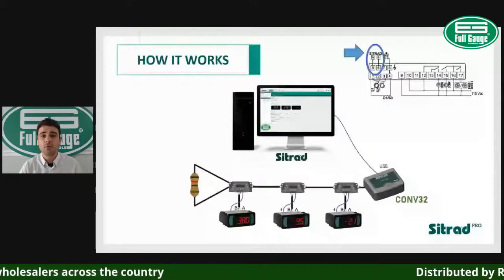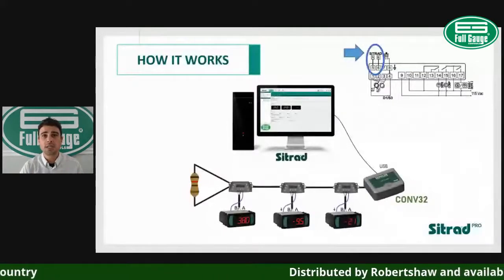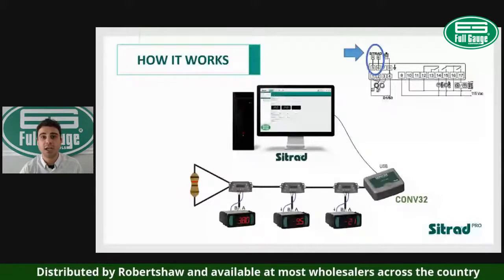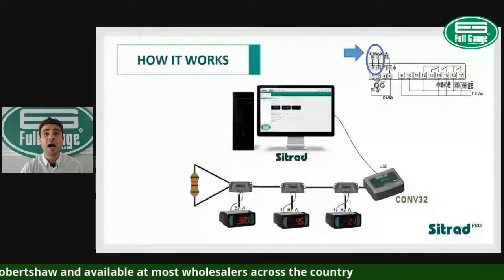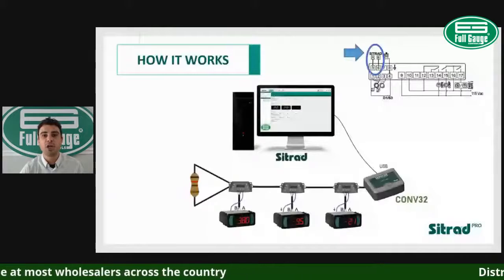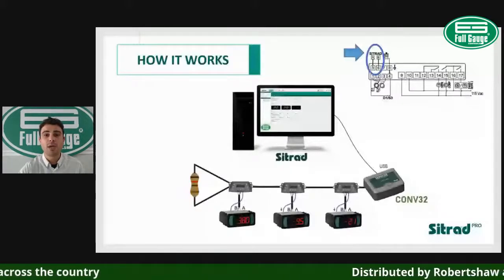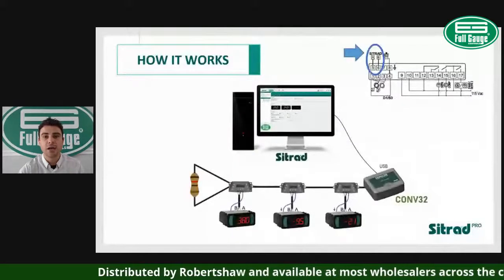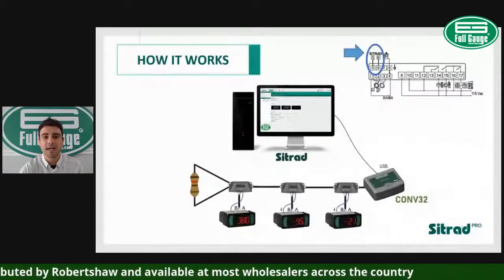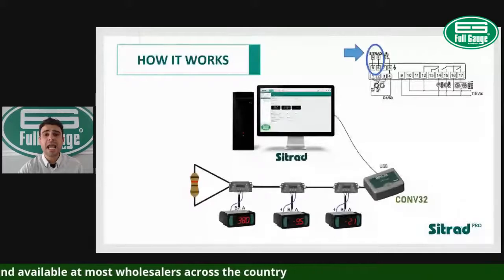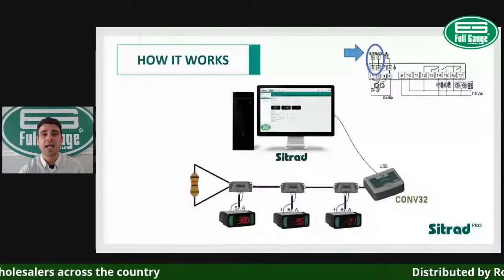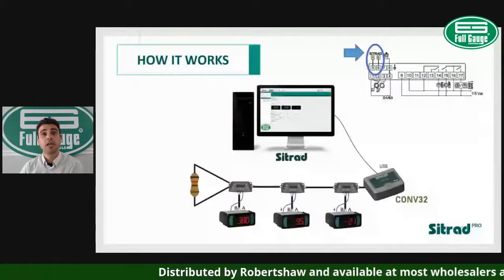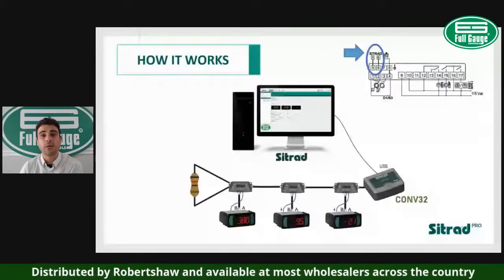So how does the connection work? Those controllers that feature remote monitoring, remote CTRAD communication, have an RS-485 communication port. That's what we have on terminals 5 and 6 of the wiring diagram on your right-hand side. That A and B connection is the RS-485 communication port, the controller language.